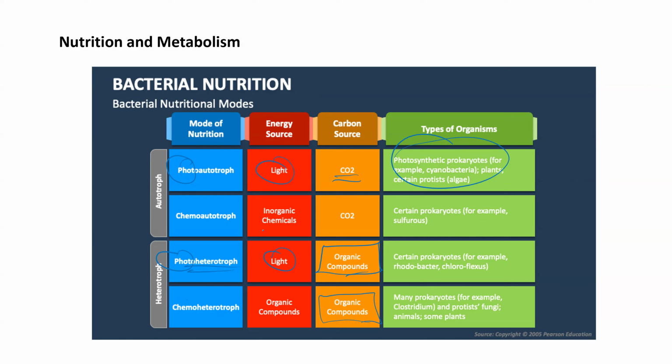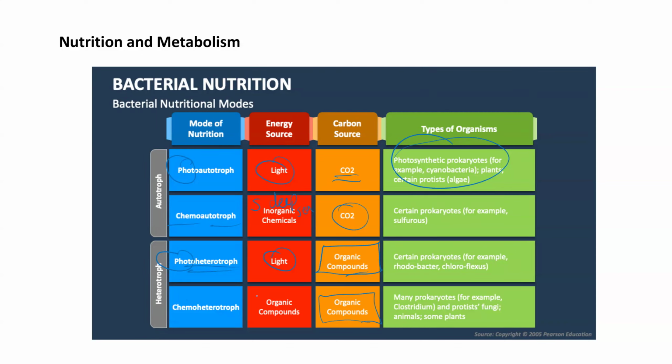So let's talk about the difference here. If you're a chemoautotroph, you're getting your carbon from carbon dioxide, but here you're getting your energy from something like a sulfur compound, and this is like the deep sea vents. So you see that in organisms that don't have access to light.